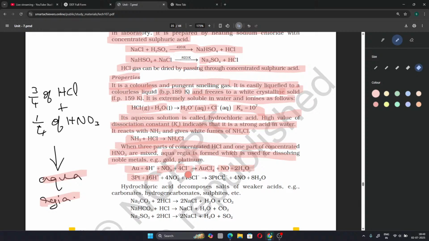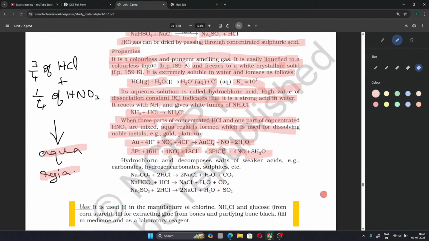Platinum plus 16H plus, 4NO3 minus, 18Cl minus gives 3 PtCl6 2 minus, 4NO and 8H2O. It seems platinum requires more aqua regia as compared to gold, so you can say gold dissolves more easily in aqua regia than platinum, I think at least.